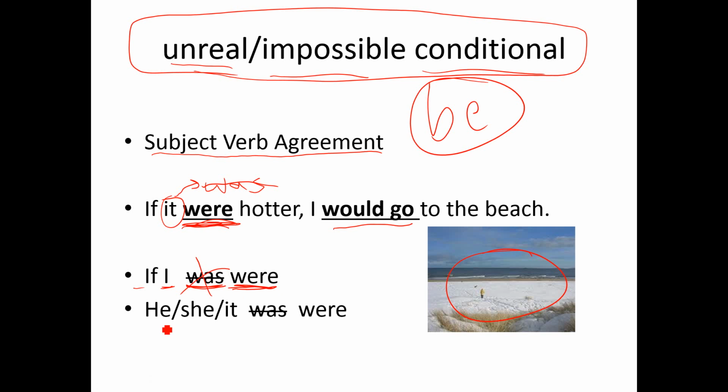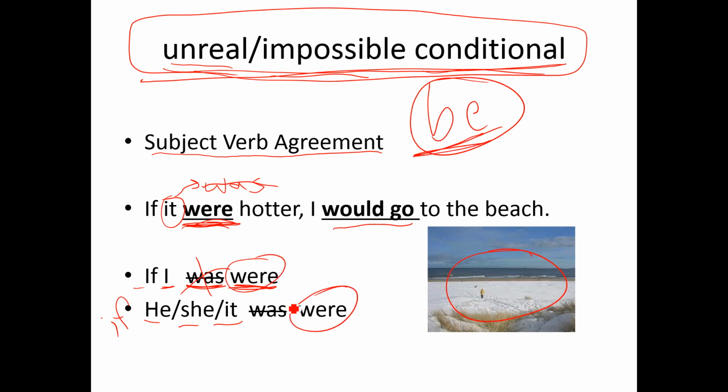Also, this works with he, she, or it. If we say, if he were nice, I would blah, blah, blah. So the general rule is when we're doing these unreal, impossible conditionals, and in the condition we use the verb be, we're going to use were and not was.